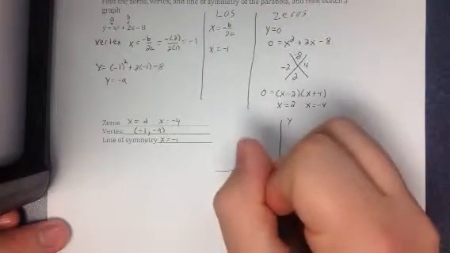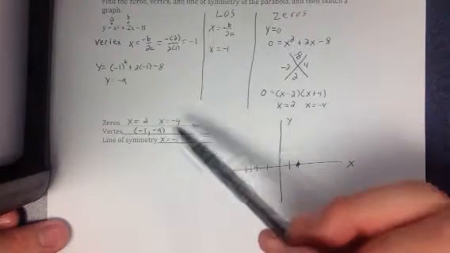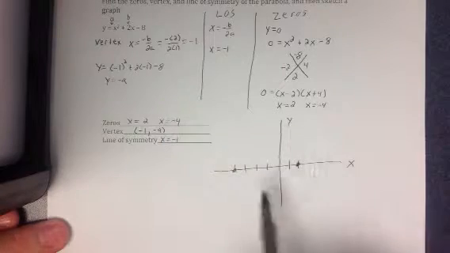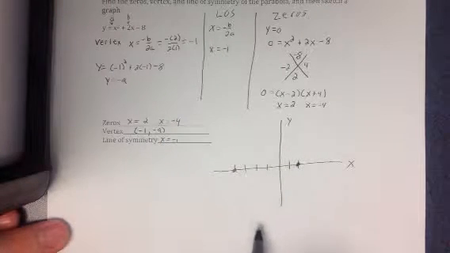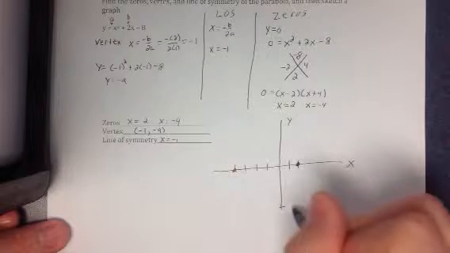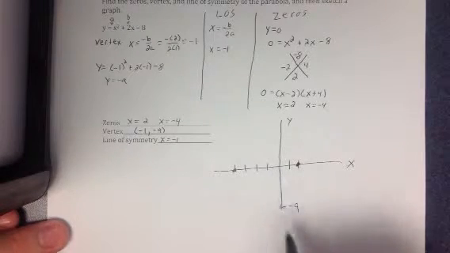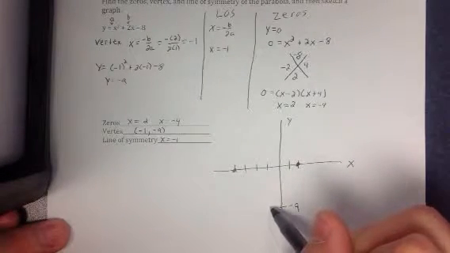I need an x-intercept at -4. The vertex is -1, -9, so I would go left 1, down 9. Now I'm not going to waste time making 9 tick marks. I'm just going to say, okay, that's -9. Again, it's just a sketch. So -1, -9 would be down here.